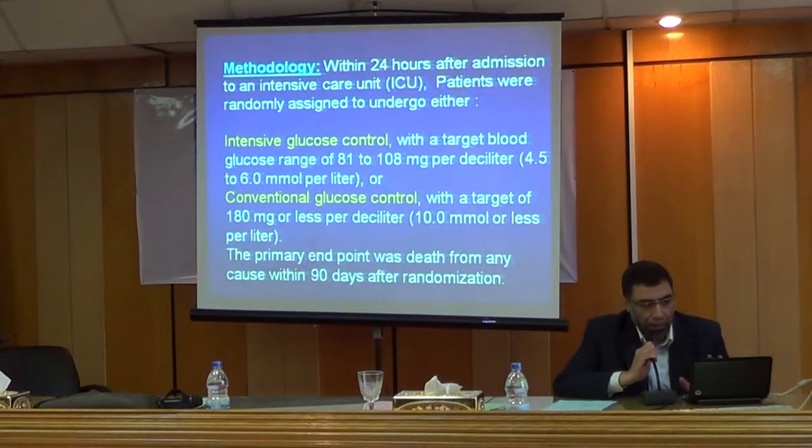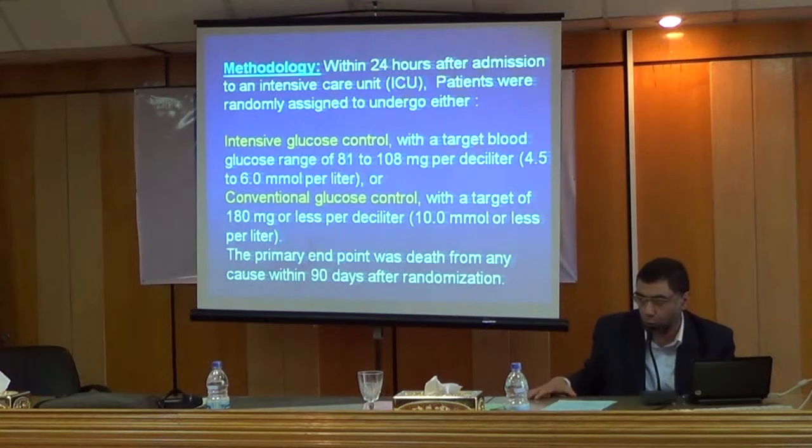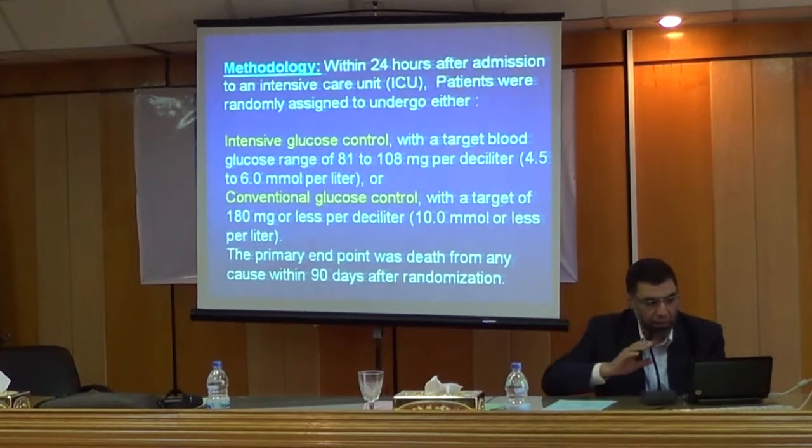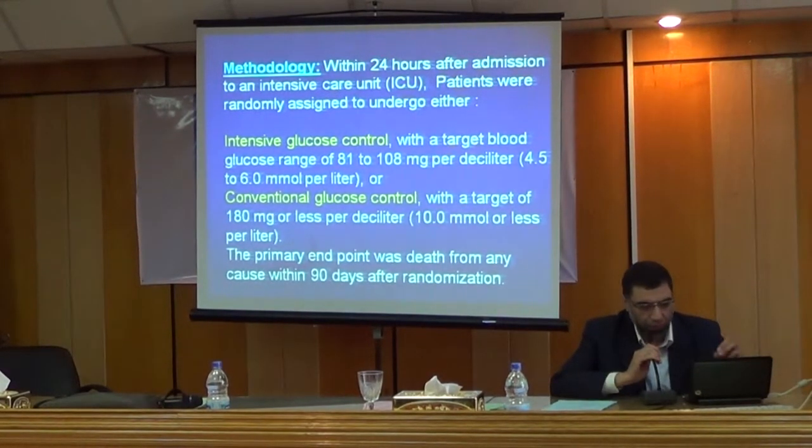In this study, within 24 hours after ICU admission, patients were randomly assigned to undergo either intensive glucose control, adopting the same criteria used by the Van den Berghe study, aiming to target blood glucose between 81 to 108 milligram per deciliter, versus the other limb, conventional glucose control with a target of 180 milligram or less per deciliter.